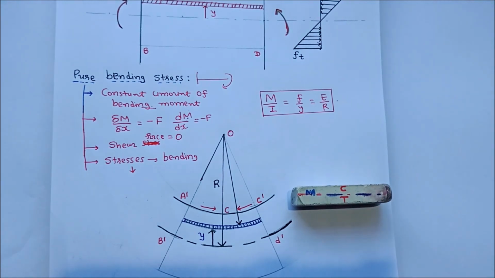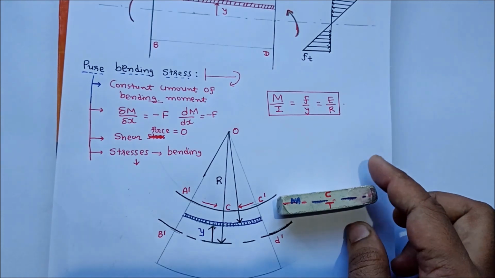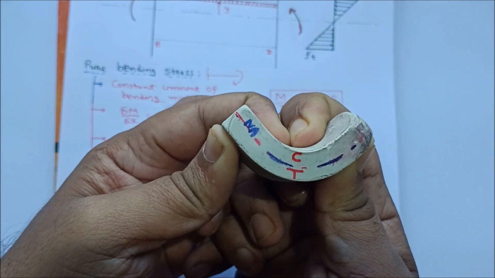If you give a sagging bending moment, stresses above the neutral axis are compressive and stresses below the neutral axis are tensile. If a section of the beam is subjected to pure sagging bending moment, this type of moment is called a sagging moment.